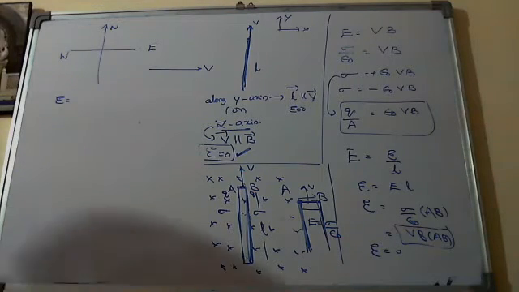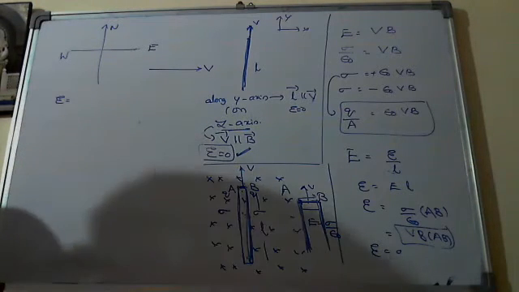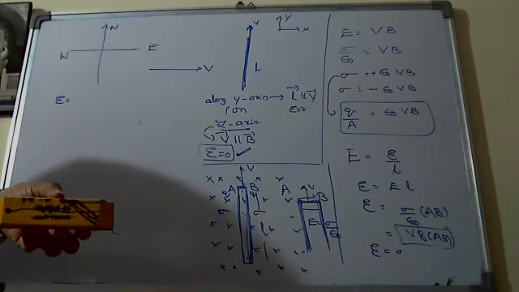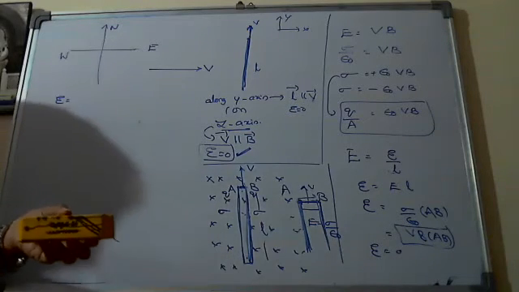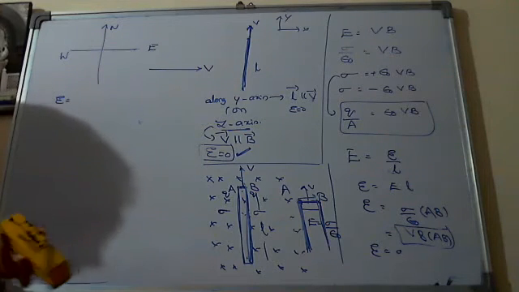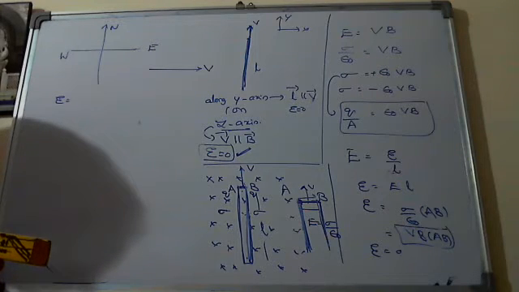Don't get confused. Zero, sir. Zero, I think, is not correct. You are telling zero due to which component of Earth's magnetic field? Horizontal, sir. Okay, BH, I think you are saying that it is parallel to the length of the wings.